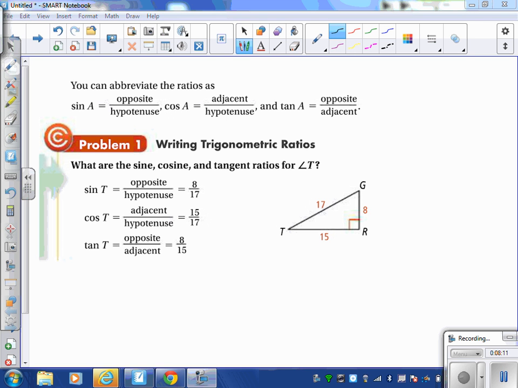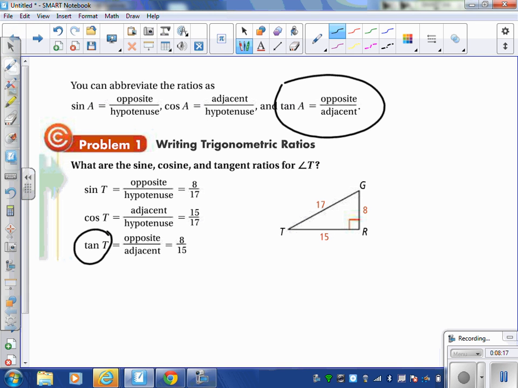Let's take a look at tangent T. Again, tangent is opposite over adjacent. Looking at angle T, once again, opposite this angle is 8. So 8 is on top over adjacent, which is 15, which you end up with on the bottom. So tangent T is 8 over 15.